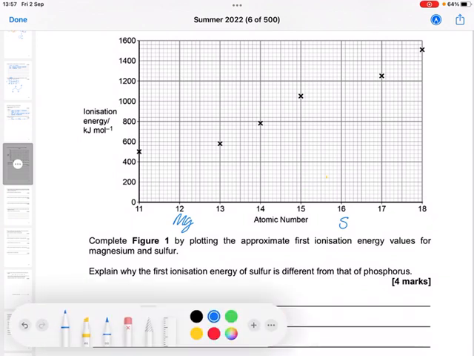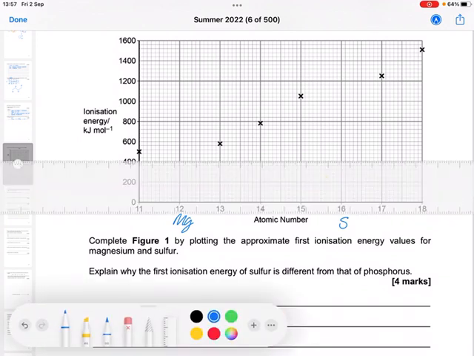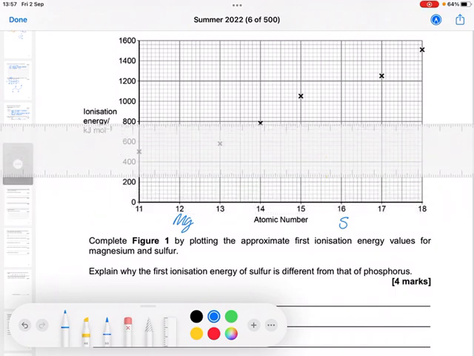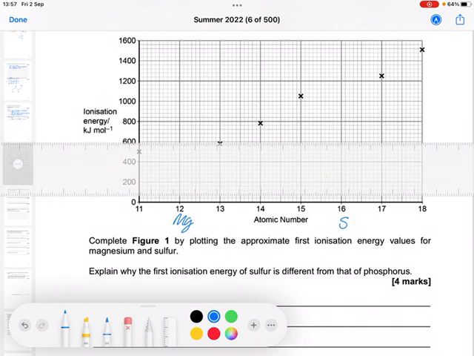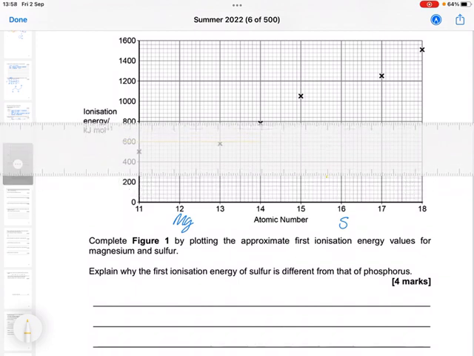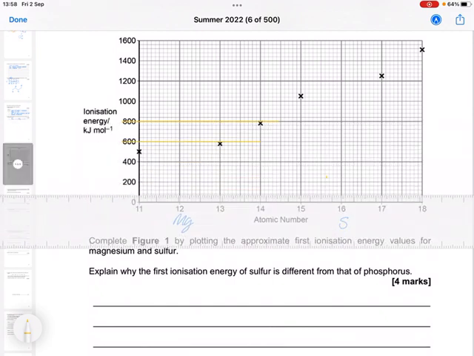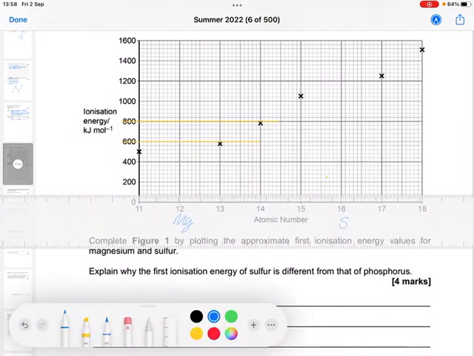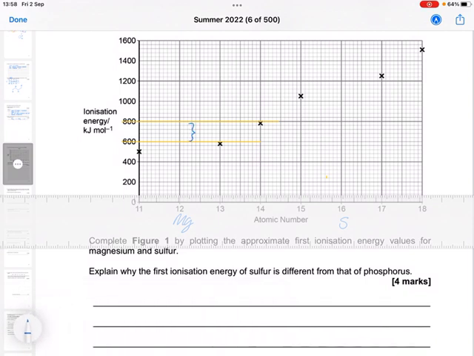And I'm going to get my ruler up for this because we know that the ionisation energy has to be greater than aluminium, which is element 13. So it's got to be higher than that value there, but it can't be higher than the next one along, which basically means my ionisation energy has to lie somewhere in this range here. So I'm going to put that there.